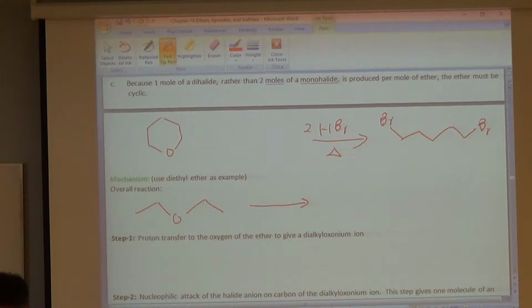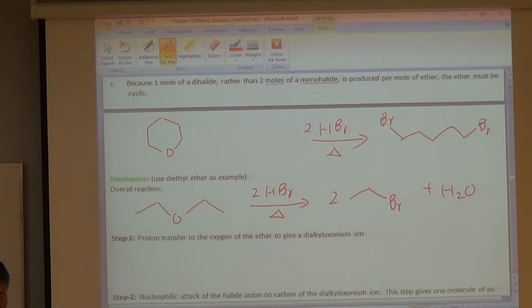This will take 2 HBr, as we wrote before in those examples, with heat. It produces 2 of this ethyl bromide, plus H2O.